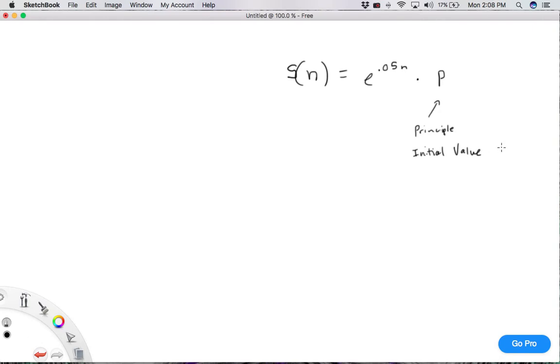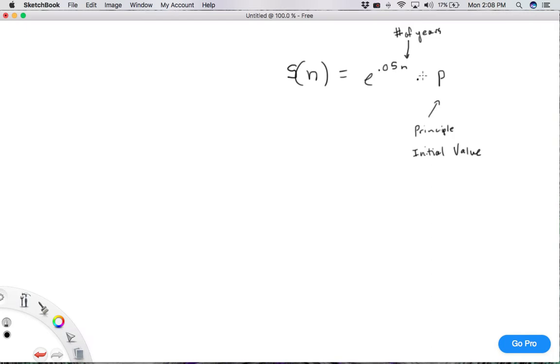The initial value in a case like this would be how much money did you invest initially? So that's what P is. And then n, the variable n, is like the number of years that have passed. So if you know how much money you invested and you know how many years it's been, you could figure out how much money you have now, or how much your investment is going to be worth.